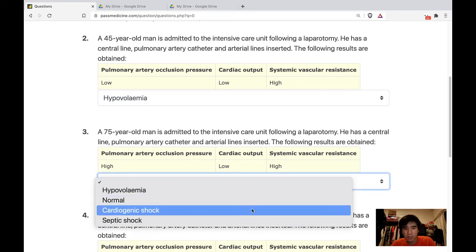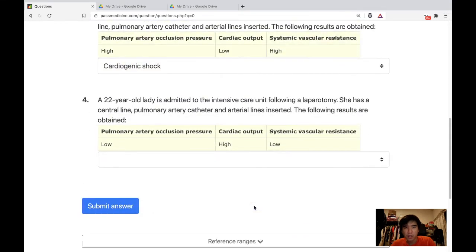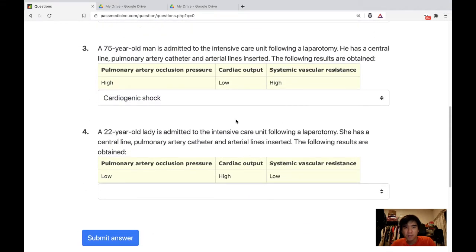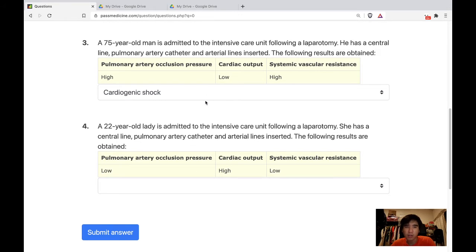So, in this case, I'm thinking more of a cardiogenic shock. Because the heart can't pump blood out, it congests the lungs, so pulmonary artery occlusion pressure is high. Cardiac output is low because the heart is not pumping properly. Systemic vascular resistance is high as a compensation for the cardiogenic shock.